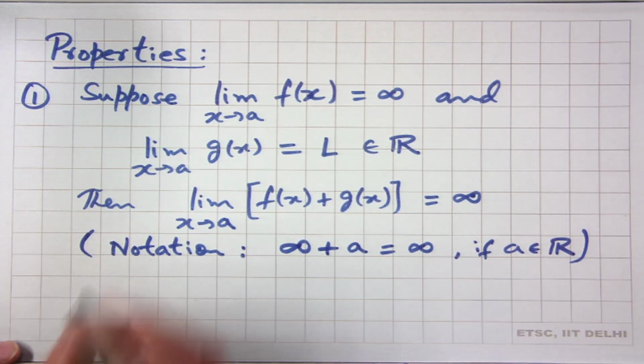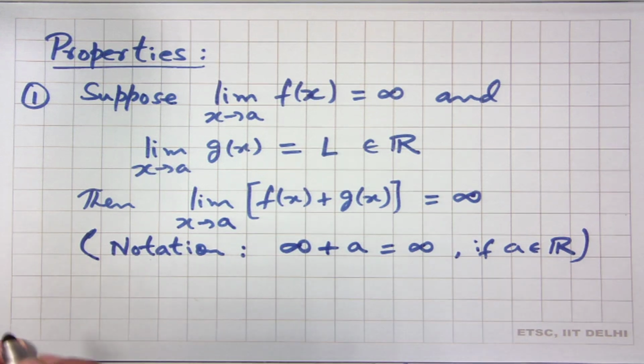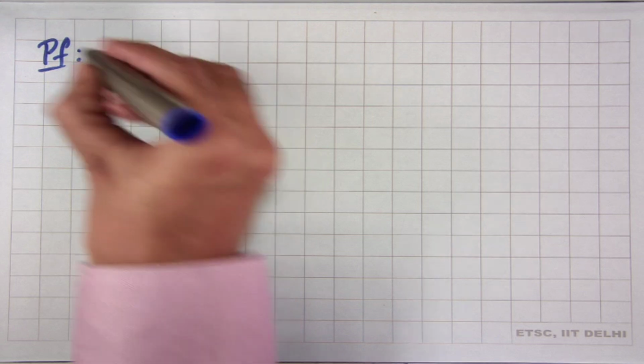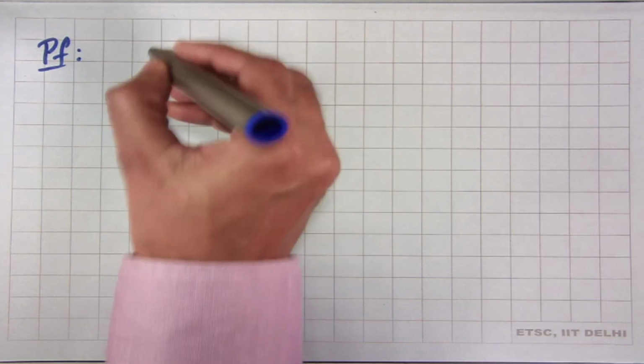So, whenever we have a limit of the form infinity plus a real number, that has to be infinity. And this should be very obvious. The proof is we have to show that the limit of f x plus g x is equal to infinity.